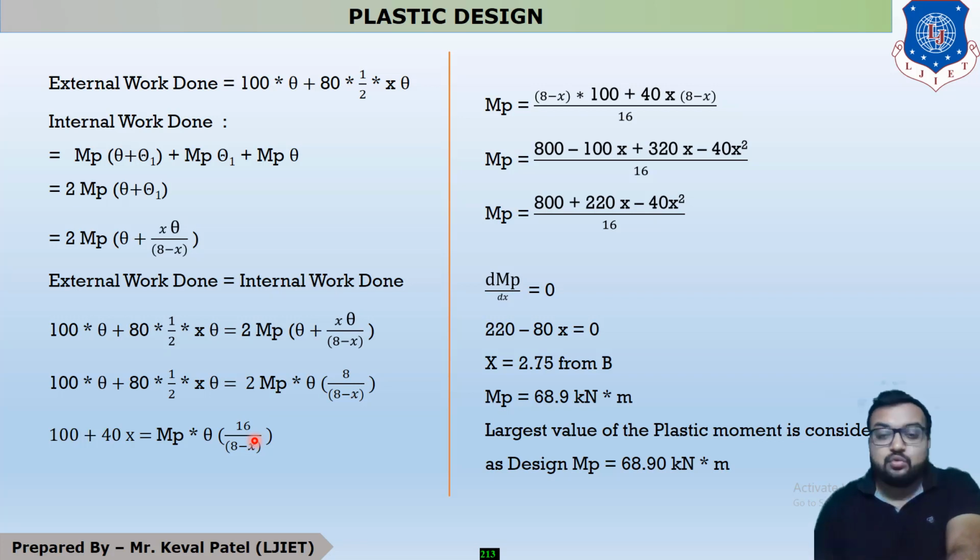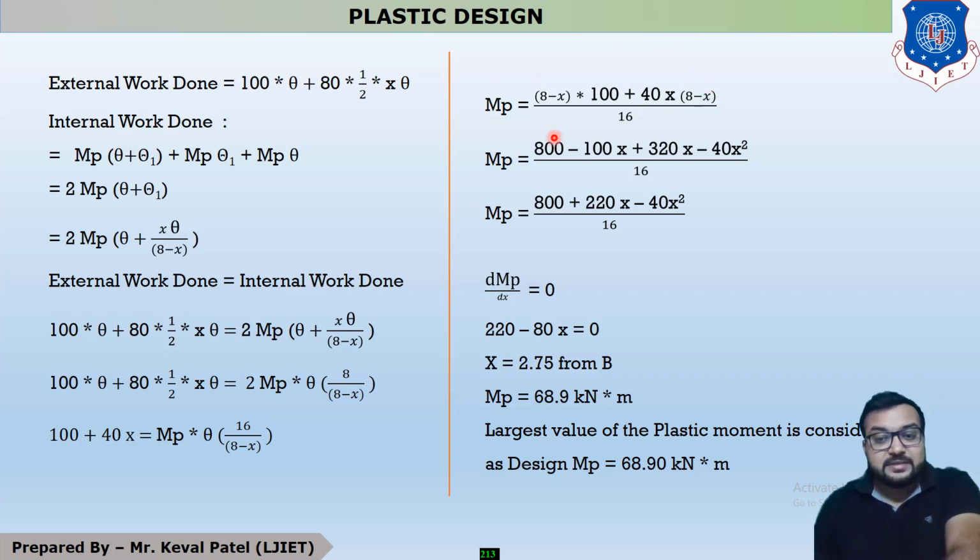Now we have to find MP, so MP is equal to 8 minus x multiplied with this value, and 16 goes to the denominator. This theta is typed wrongly. So now your MP is equal to 8 minus x into 100 plus 40 into x, in the bracket, 8 minus x, divided by 16.